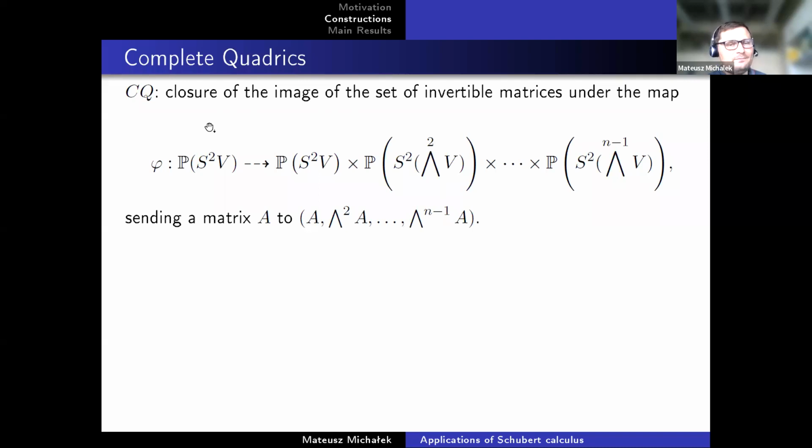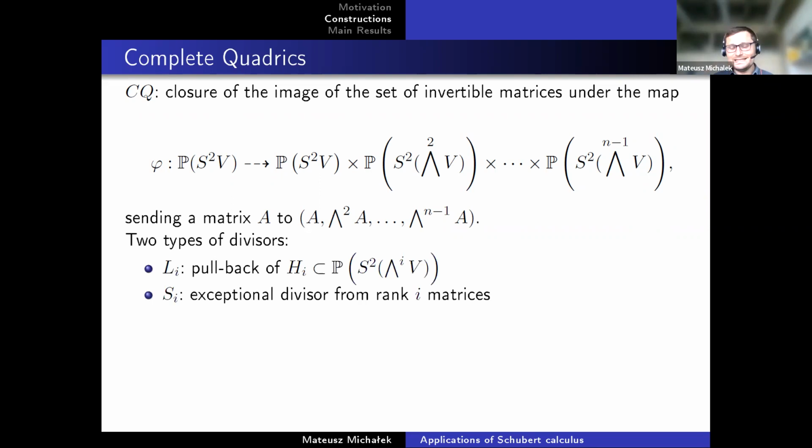So you get really a map from symmetric matrices to a much bigger space. And the closure of the image is exactly the variety of complete quadrics. That's also a variety studied now for about 100 years by many people. And it has 2 types of distinguished codimension 1 varieties in it.